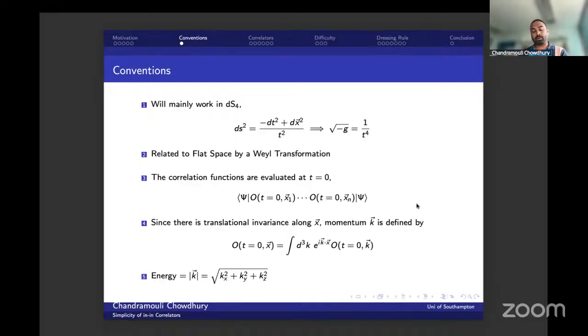And I will almost completely work in what's called momentum space, where I'm defining my momentum by a three-dimensional Fourier transform, taking a Fourier transform along all these x's. And I'll sometimes loosely use the word energy, and that's going to be defined as the modulus of this thing. Of course, there's no good notion of energy conservation in de Sitter, but this is what I'll mean when I use the word energy.